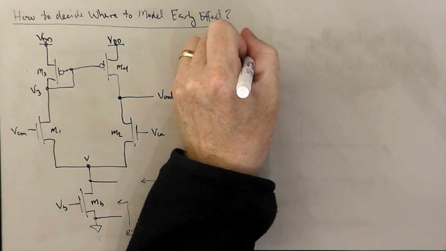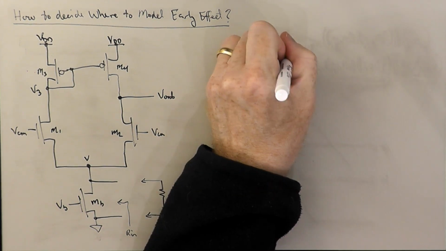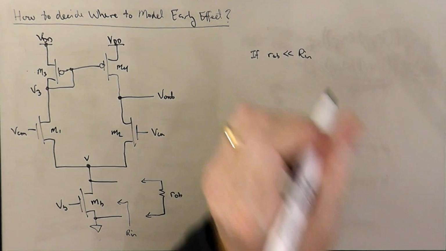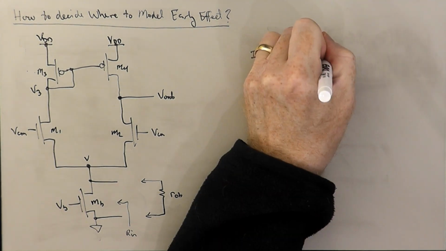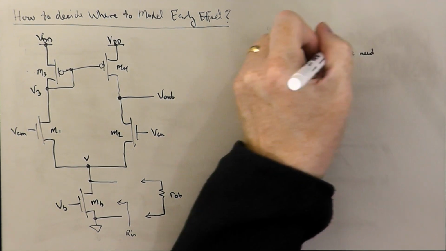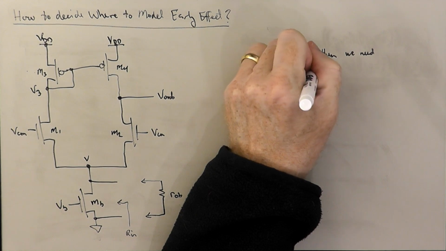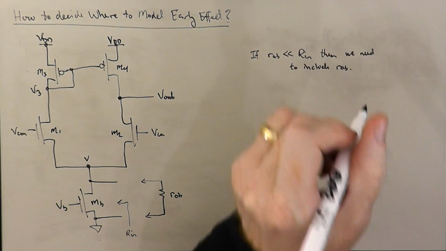So if ROB is much less than Rin, then we need to include ROB.